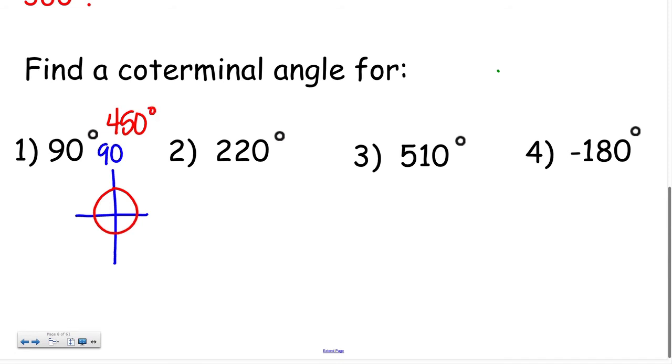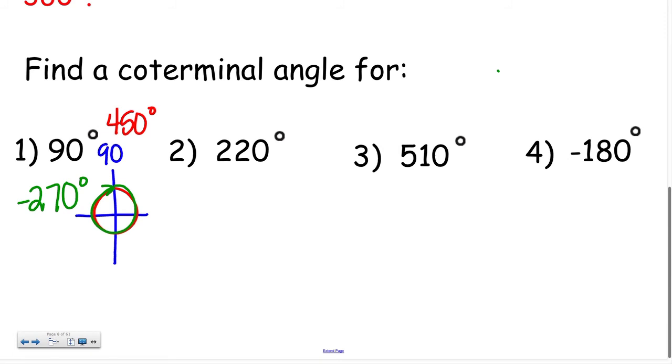I could also go the other direction, which means I'm going negative, so 90 minus 360 is negative 270 degrees. The good thing about coterminal angles is as long as you're adding and subtracting 360, it's very hard to get these wrong because there are infinitely many possible answers. As long as you've added and subtracted 360, you're good to go.